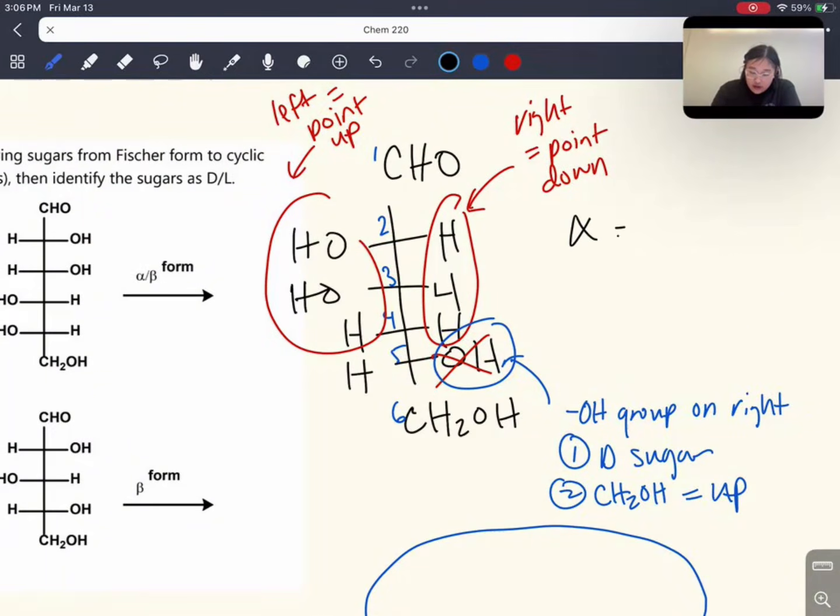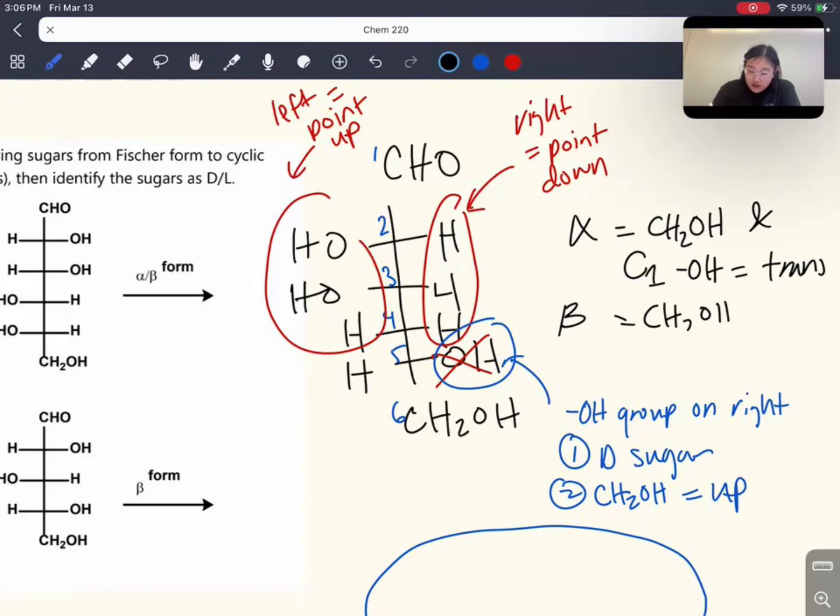your CH2OH and your C1OH will be trans to each other. And if you have a beta form, your CH2OH and your C1OH will be cis.